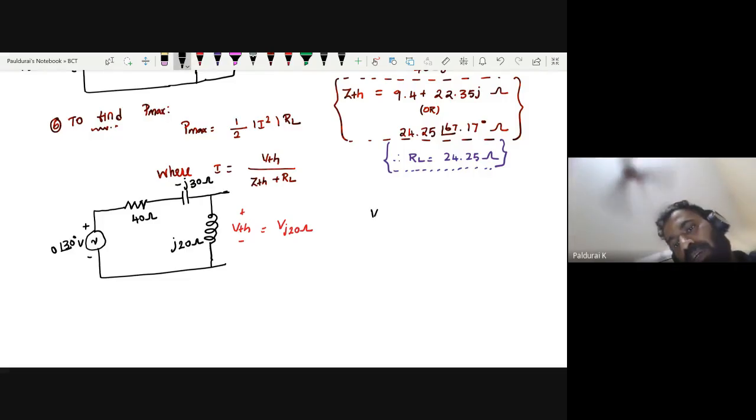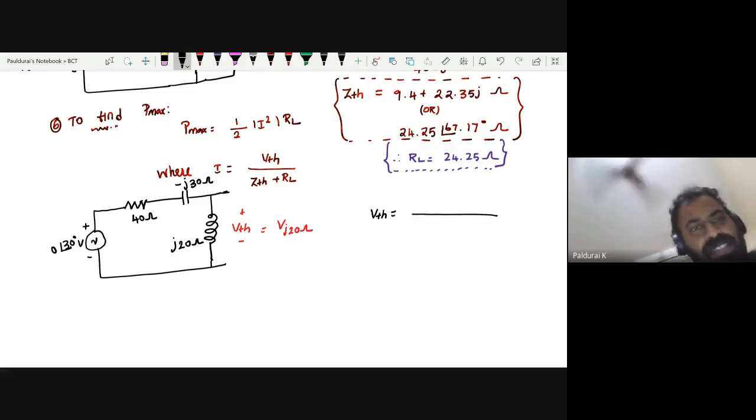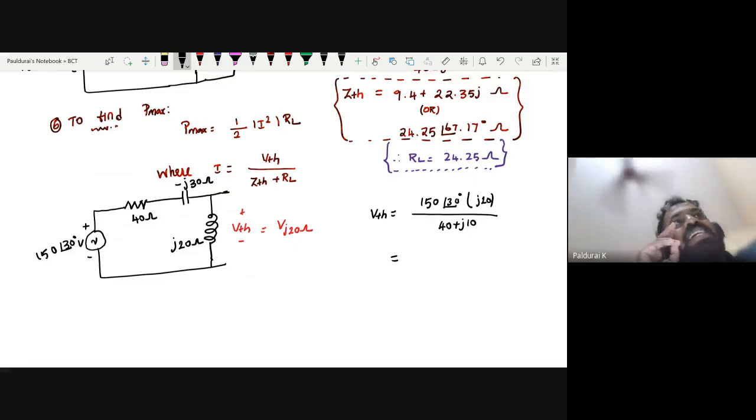What is the applied voltage? It is 150 at an angle of 30, times the same resistance J20 divided by total resistance 40 plus J10. Am I correct?